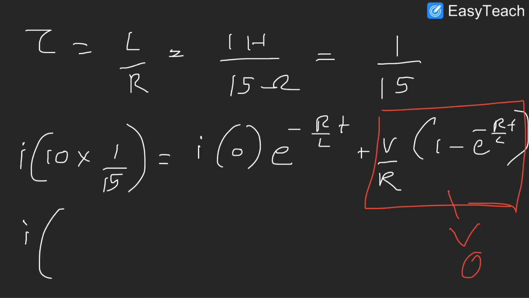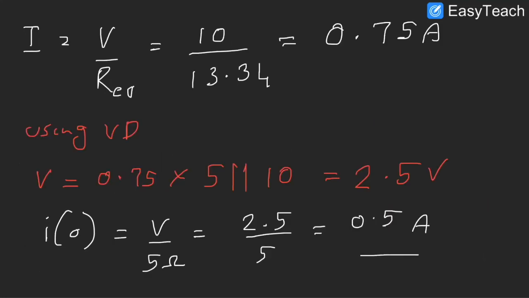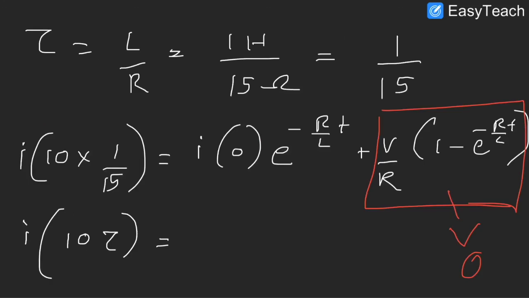Alright, so let's solve this without that. So it's I of 10 over 15, or 10 time constants. I'm just going to write it as tau. 10 time constants is I of 0, and our I of 0 was 0.5 amperes.